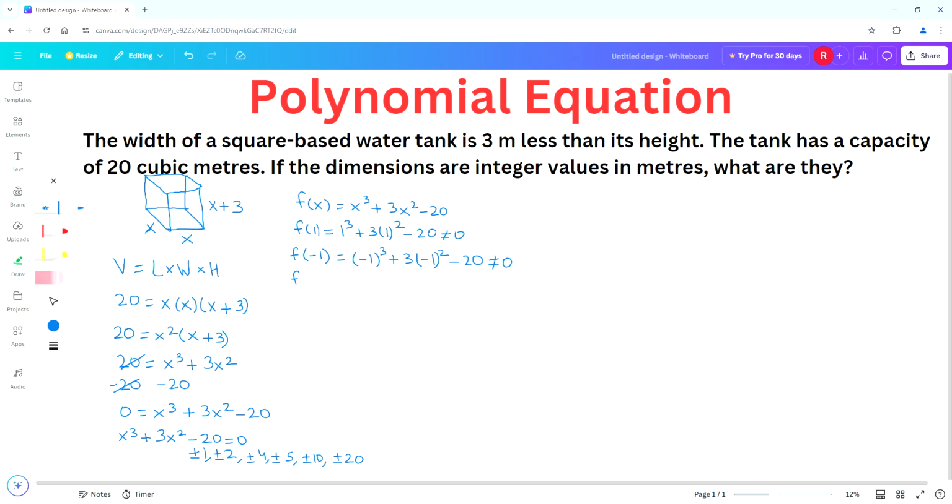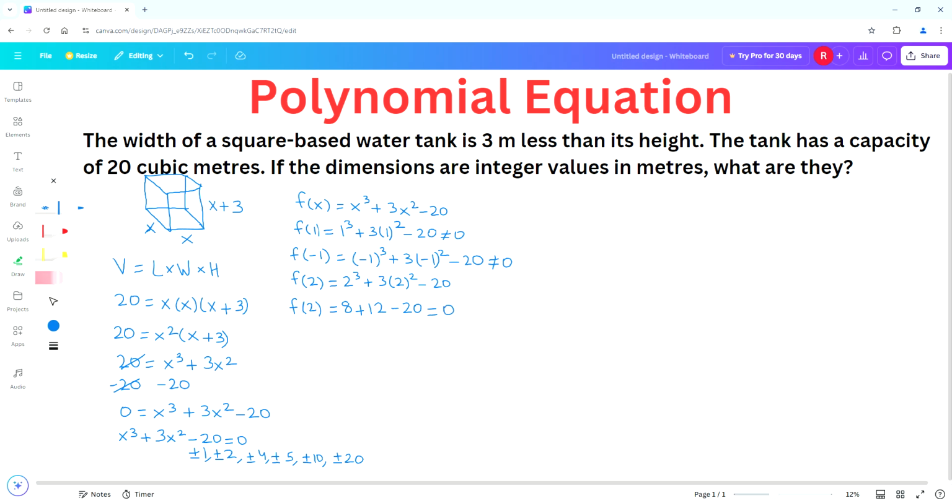Next, we can try the x value 2. 2 cube is equal to 8. 3 times 2 squared is equal to 12. The value of this expression is equal to 0.